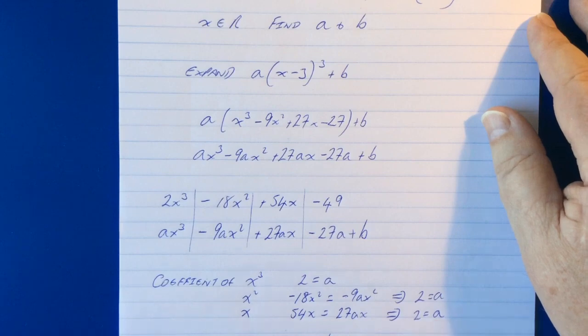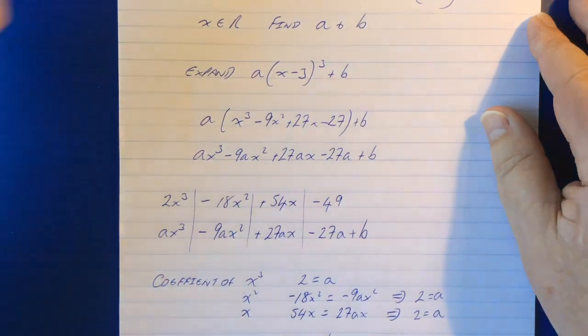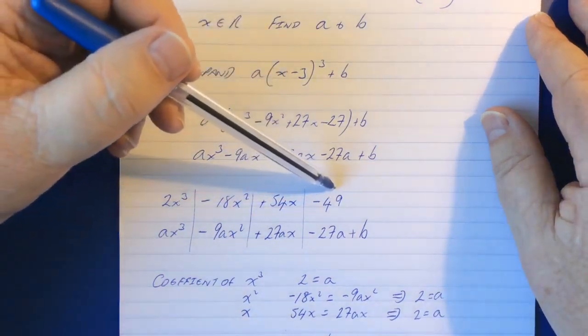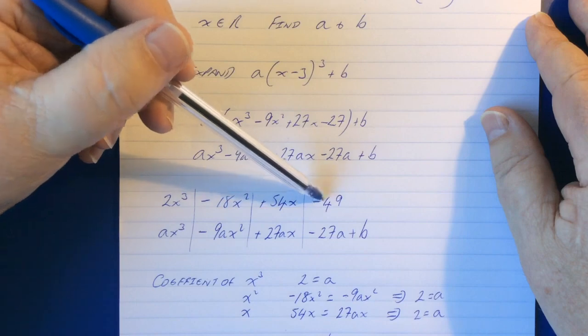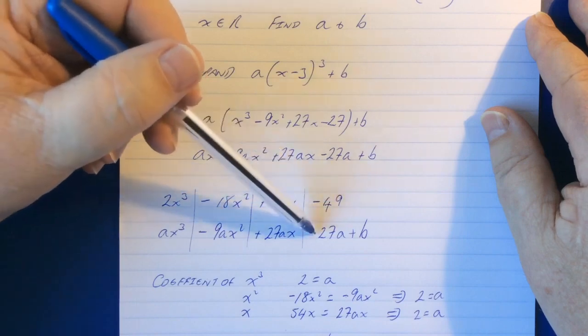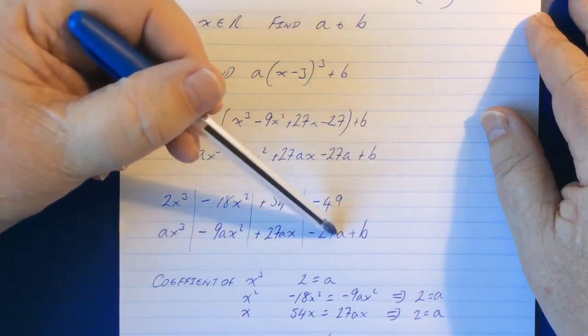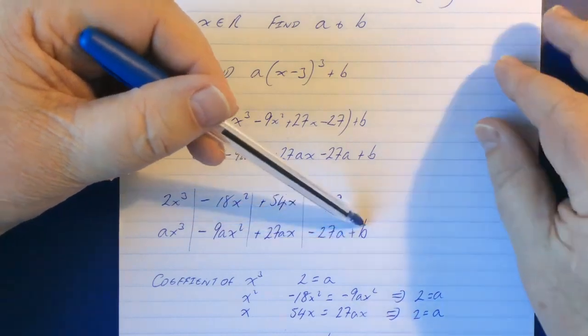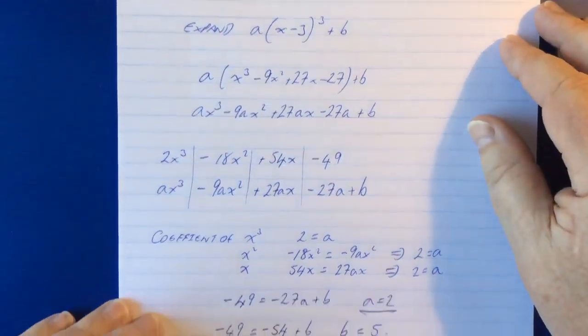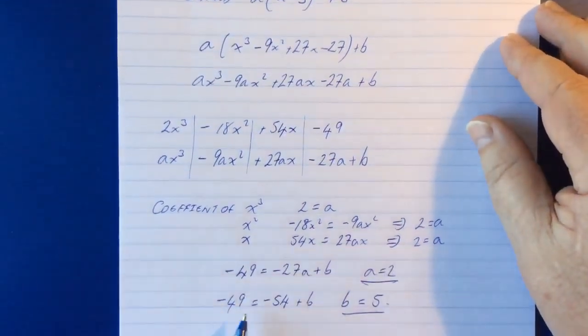So this is a very straightforward piece of work. So we've found a. What that's going to do is it's going to enable us to find b, because negative 49 has got to equal negative 27 times 2, which is what a is, plus b. And that we can solve down here.